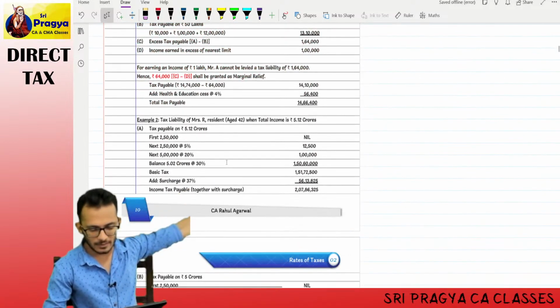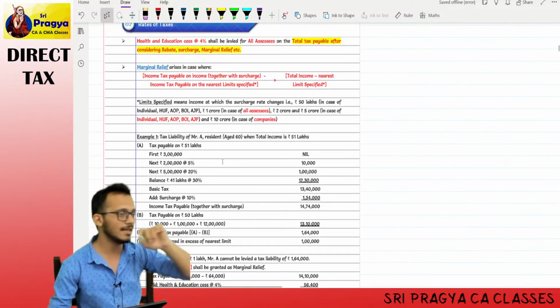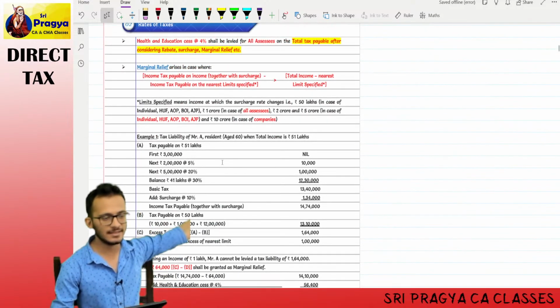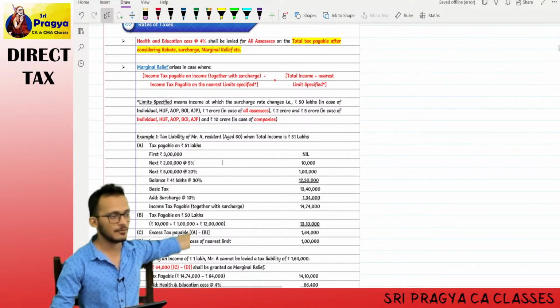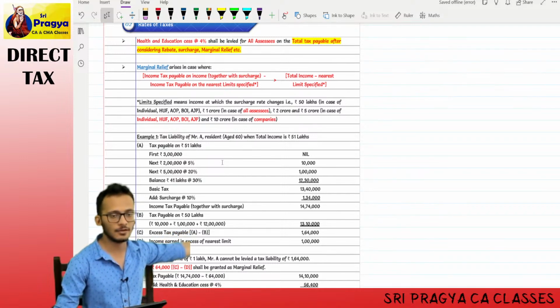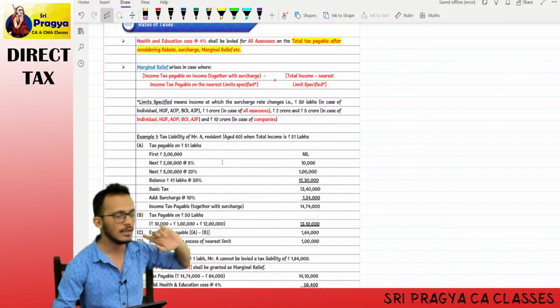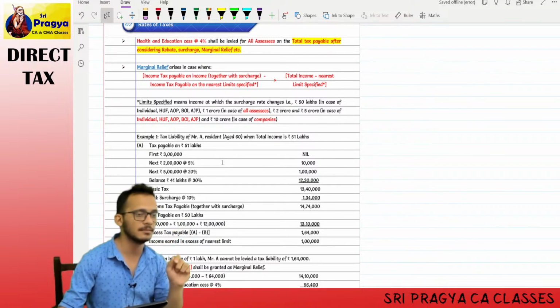Page number 10, 11. So 7, 10 and 11. Yes, page 10 has your cess and marginal relief. For people who did not understand marginal relief, the questions are here. Practice on your own, don't see the answer first. The answer is also here. Then check the answer. So page number 7, page number 10 and page number 11.